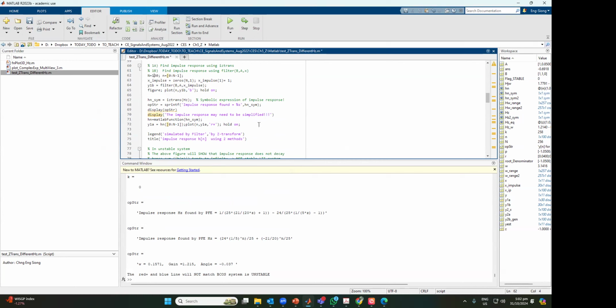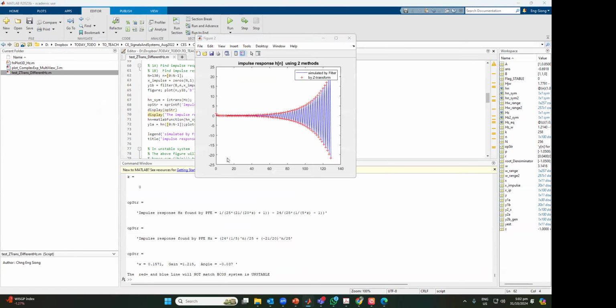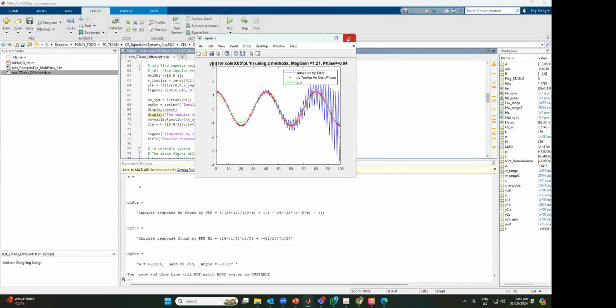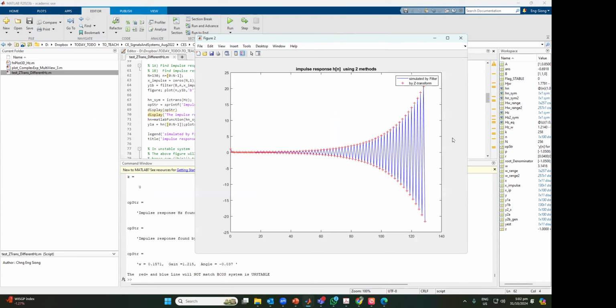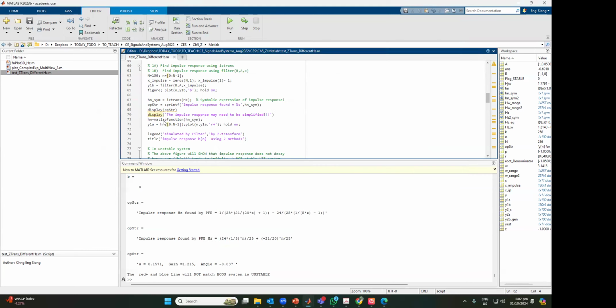So honestly, guys, if you have written your code, you're just going to the lab and changing a few numbers. See? Where's my impulse response? Yeah, there. Beautiful, isn't it? Blowing up. All you're writing is just filter b, a, x, impulse.